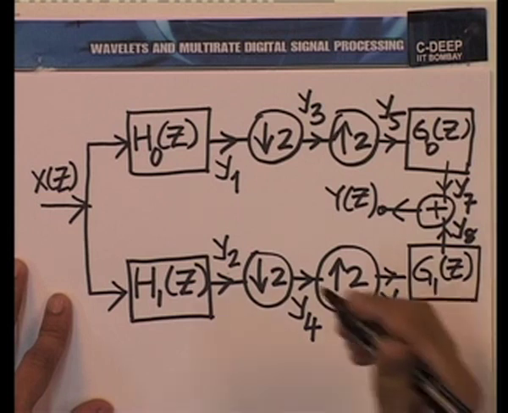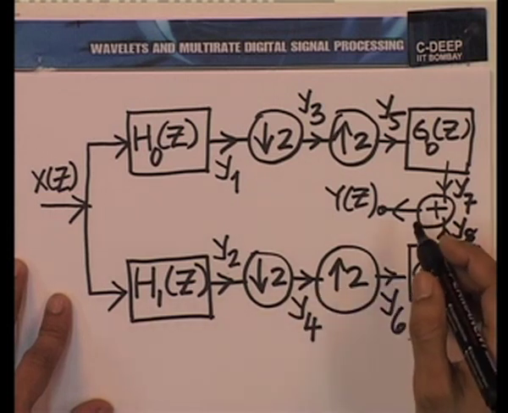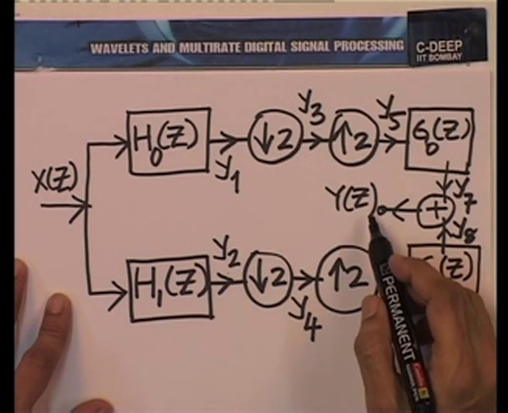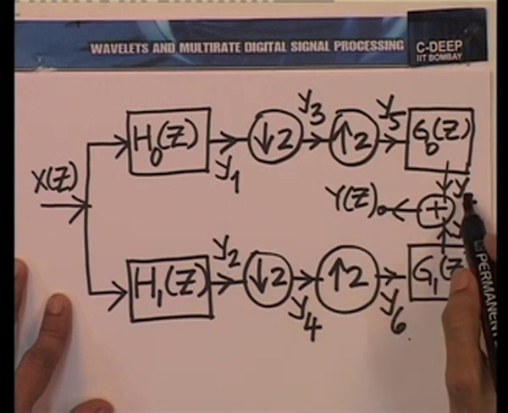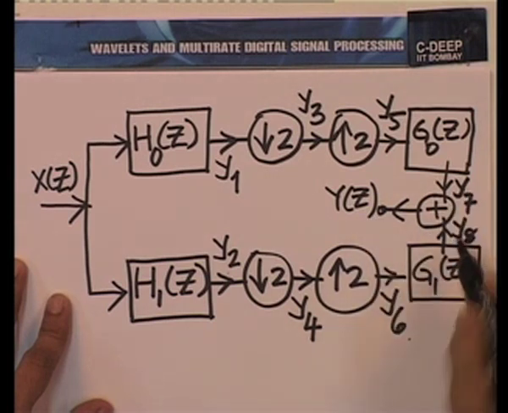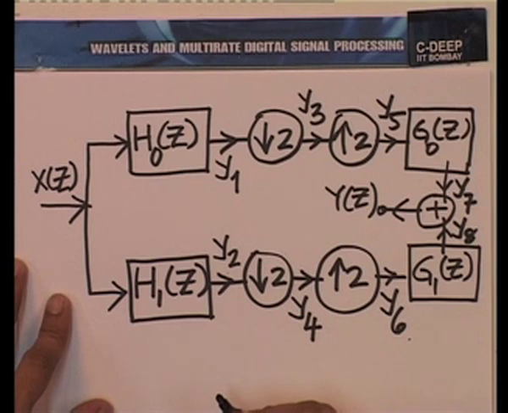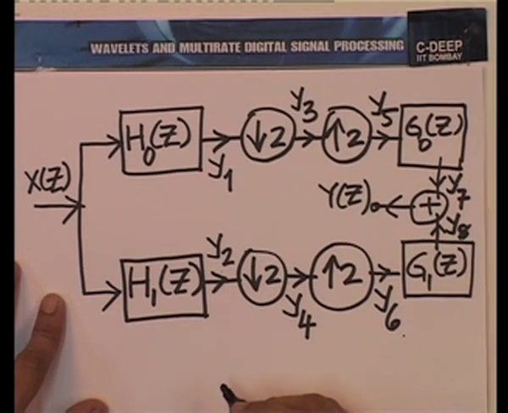And in fact, let me take you one step even further. After all, y z is obtained by adding y 7 z and y 8 z, and therefore, we already have y z before us. Let me write down those steps quickly before you now.